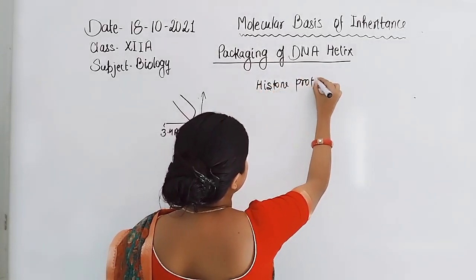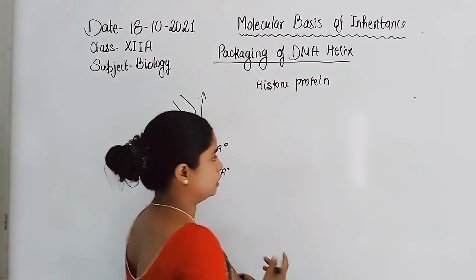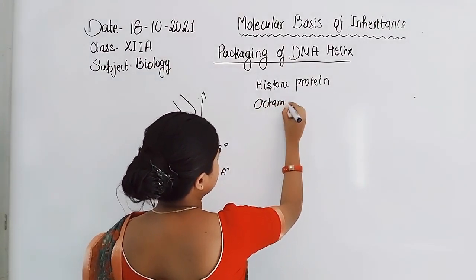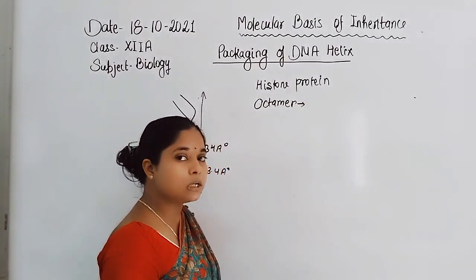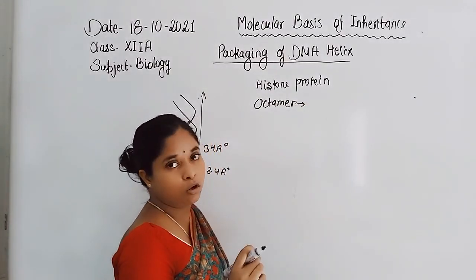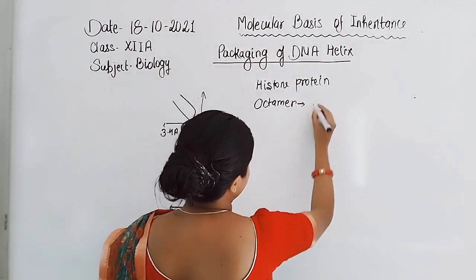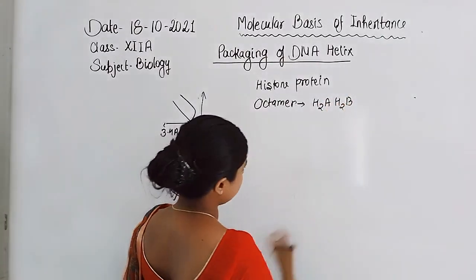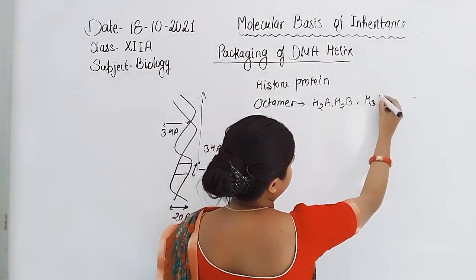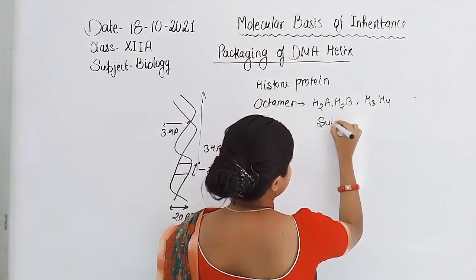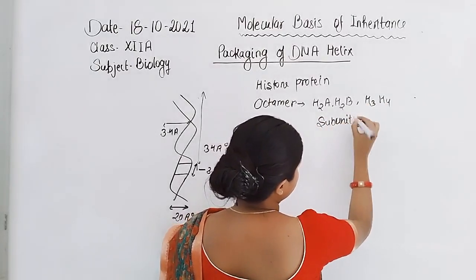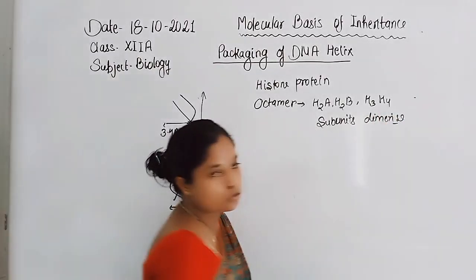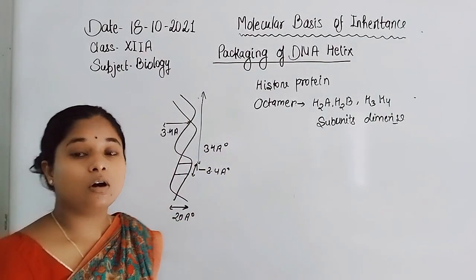The histone protein is an octamer, in which dimers of four subunits are present: H2A, H2B, H3 and H4 subunits. They dimerize in the histone octamer.